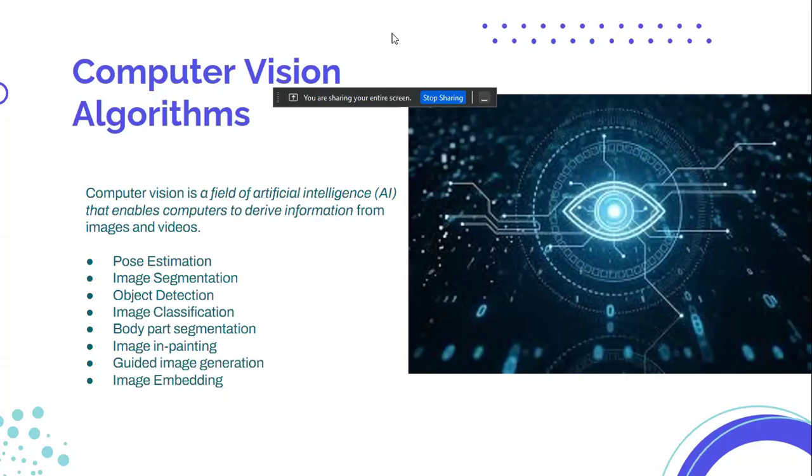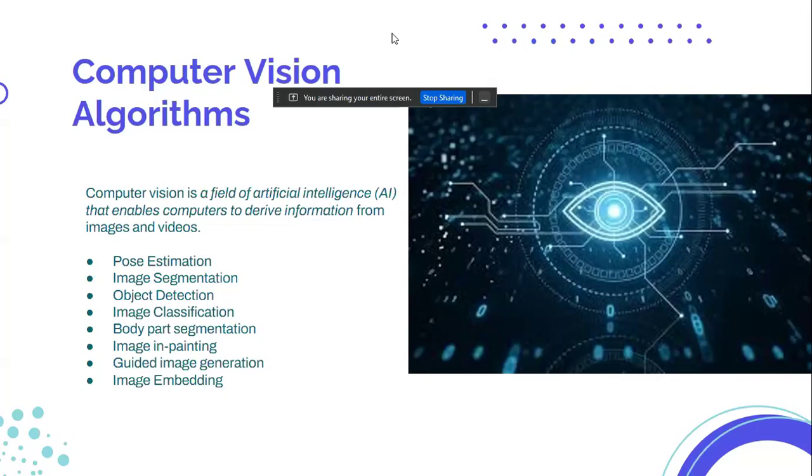So computer vision is a branch of this field, and there are many other branches like natural language processing. That's where the chat GPTs lie. Computer vision is a branch that enables computers to visually understand images and videos. By this, I mean computers are now able to understand the context and the different objects in images and videos. And videos are basically a collection of images on different frames.